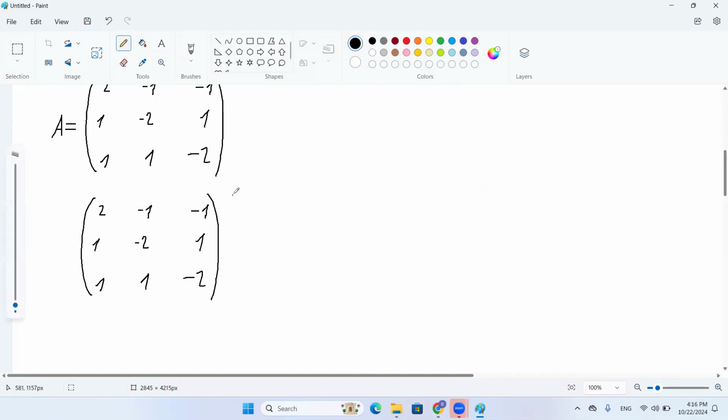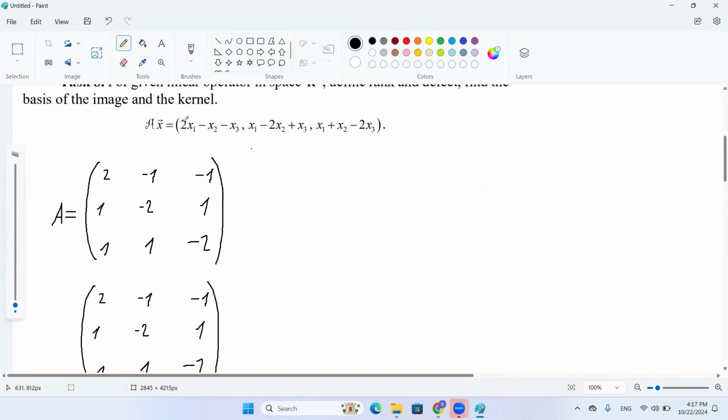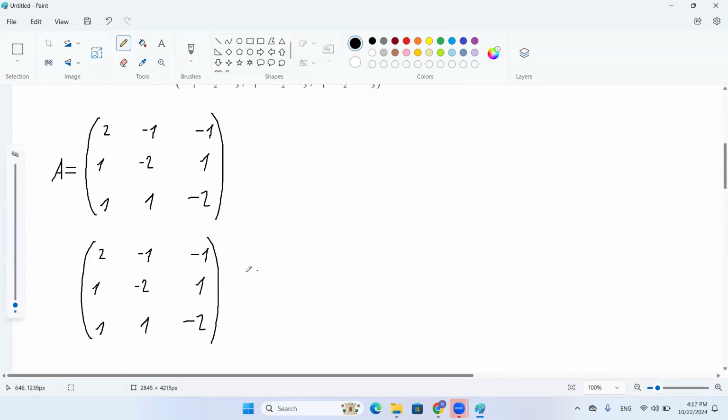So, with knowing the definition of the kernel, okay, I will remind you.